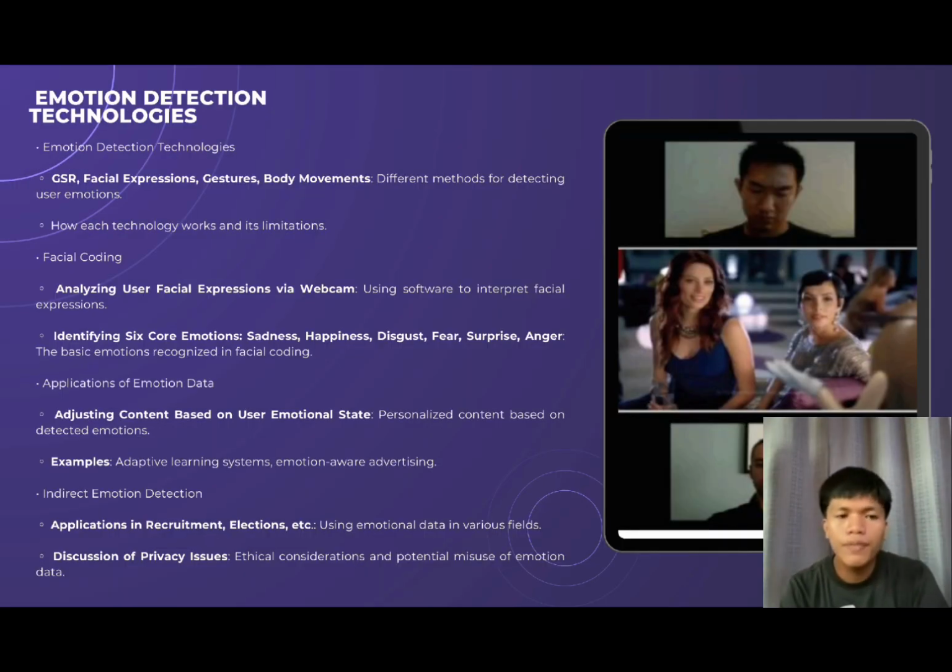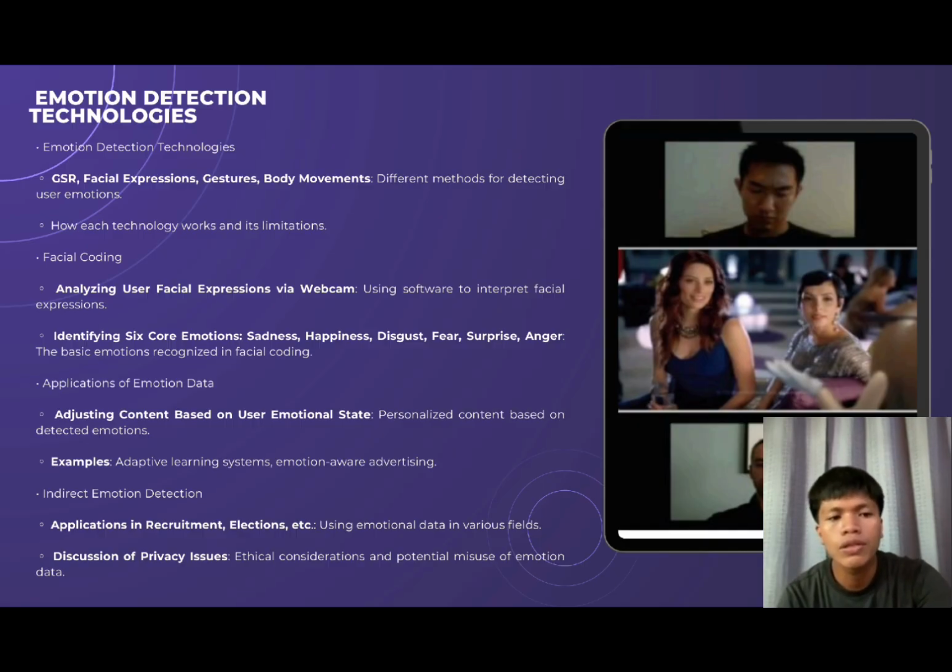So in brief, emotion detection technologies involve various methods like GSR, facial expression, gestures, and body movements to detect user emotion. These technologies analyze user facial expression by a webcam, identifying the six core emotions: sadness, happiness, disgust, fear, surprise, and anger.